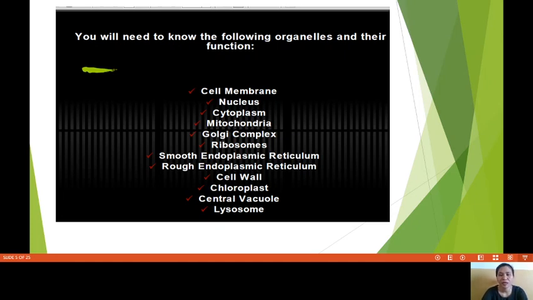So we have cell membrane, nucleus, cytoplasm, mitochondria, Golgi apparatus or Golgi complex, ribosomes, smooth endoplasmic reticulum, rough endoplasmic reticulum, cell wall, chloroplast, central vacuole, and lysosomes. Okay, so these are the different organelles. We'll discuss them one by one.